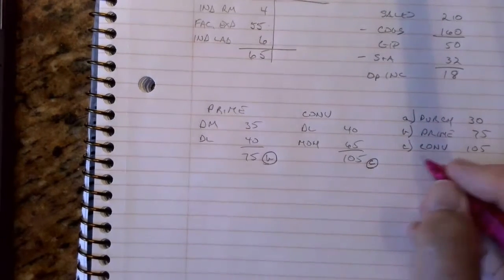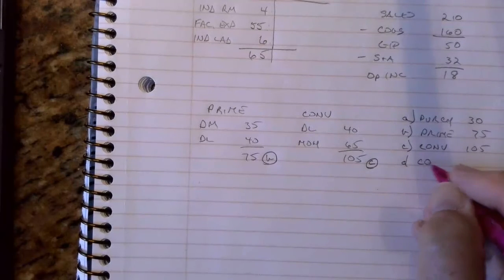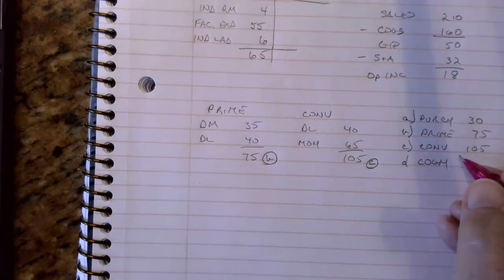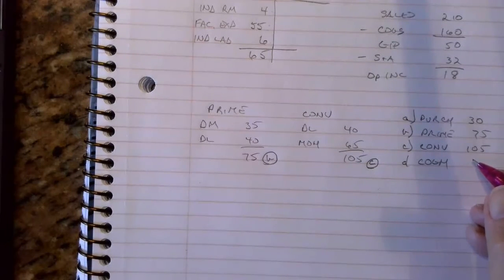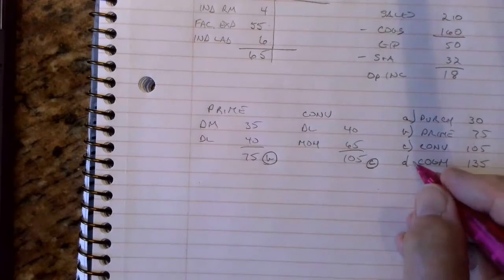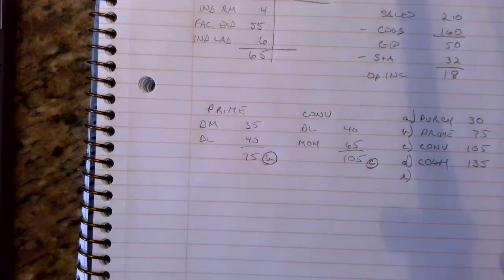And D is cost of goods manufactured. Cost of goods manufactured comes from our work in process T account, and that's where we would analyze it. Cost of goods manufactured is 135. And E, where are we now? Cost of goods sold, analyze finished goods. That would also come right out of our finished goods T account.